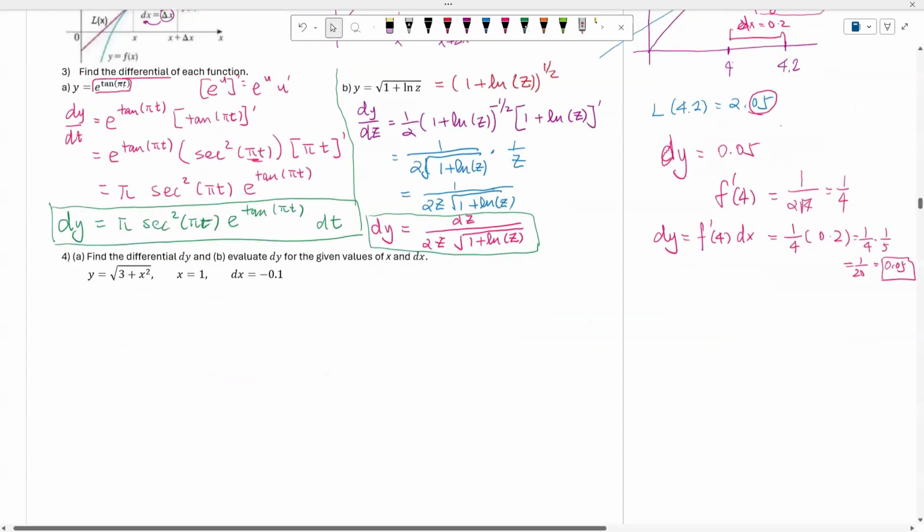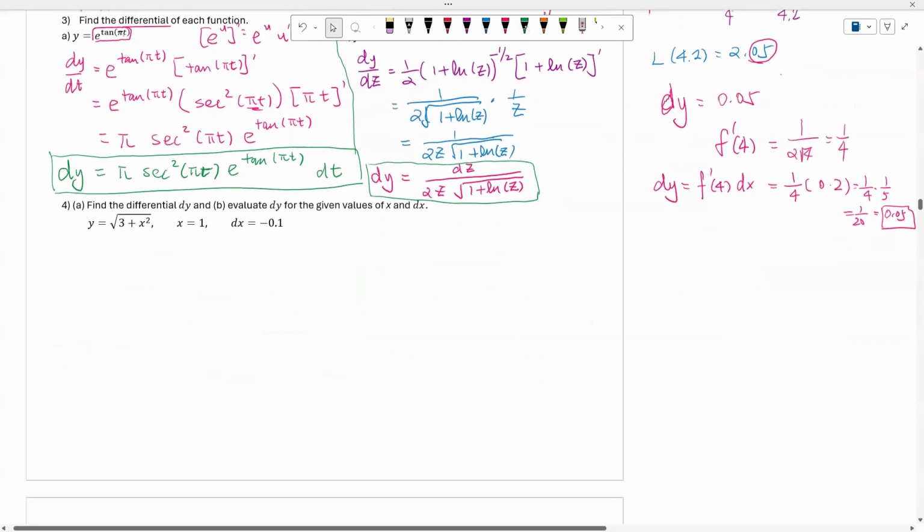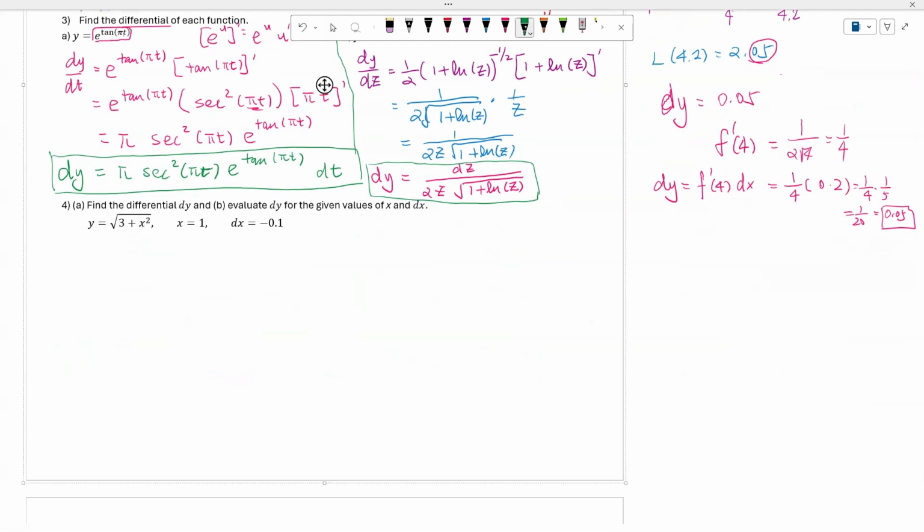So now let us look at the next example. I would like to find the differential dy first, and then evaluate dy for the given values of x and dx. So let's see.